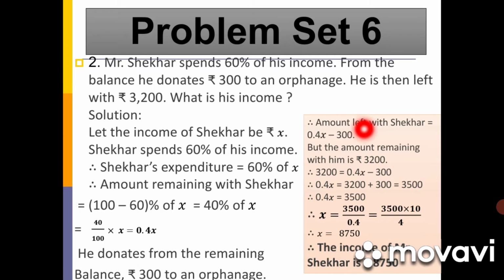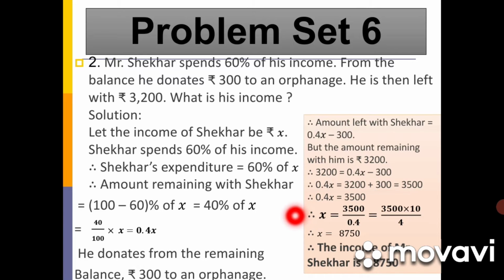Therefore, amount left with Shekhar is equal to 0.4x minus 300, but the amount remaining with him is rupees 3,200. Therefore, 3,200 is equal to 0.4x minus 300. Therefore, 0.4x is equal to 3,200 plus 300, and that is equal to 3,500.